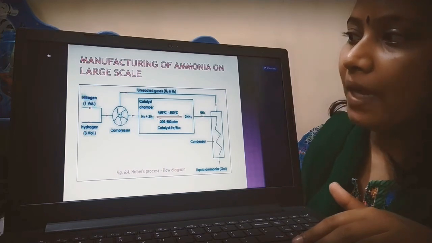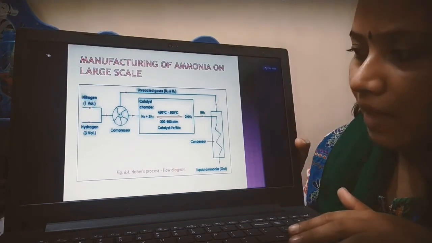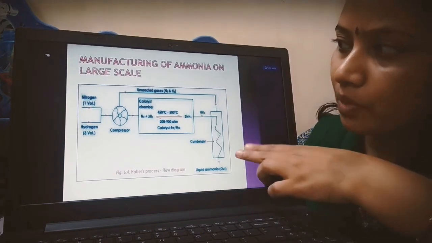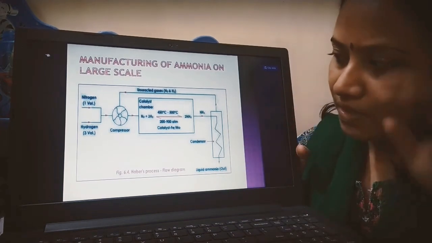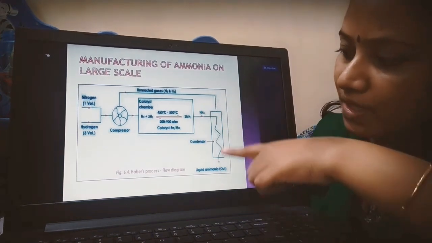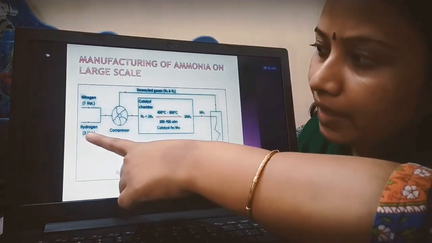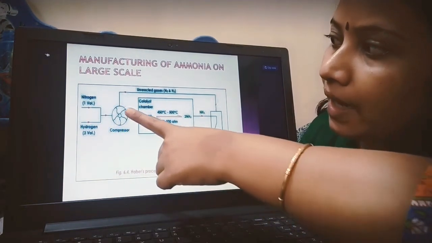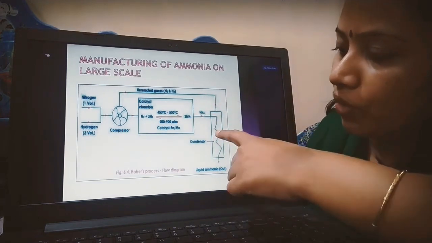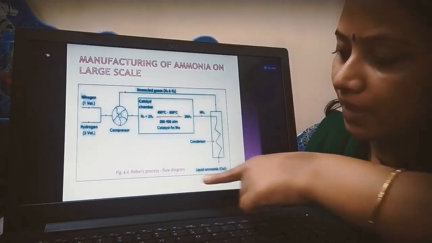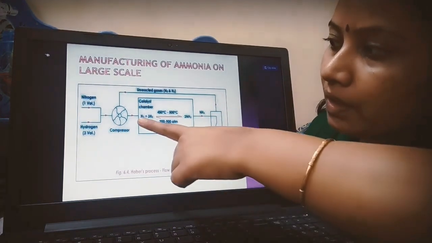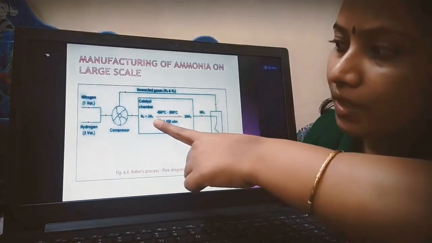Now this is the manufacturing of ammonia on a large scale. This is nothing but your Haber's process, which we have seen in many sessions. Ammonia which is collected in the condenser is your liquid ammonia. See, nitrogen and hydrogen are compressed, and unreacted gases will be moved into the condenser and it will be collected as liquid ammonia. In the chamber I have nitrogen and hydrogen.